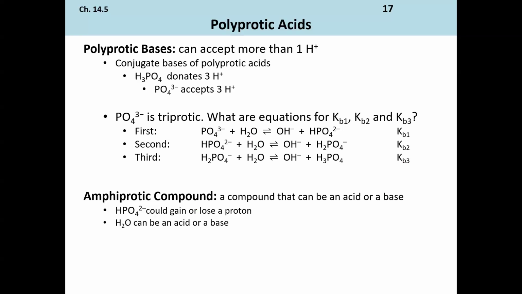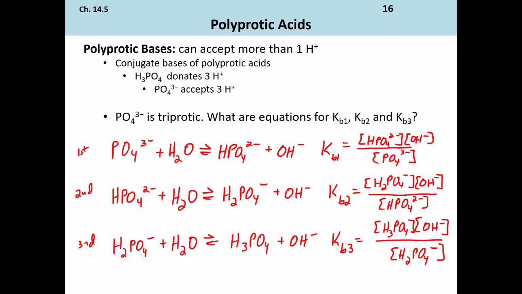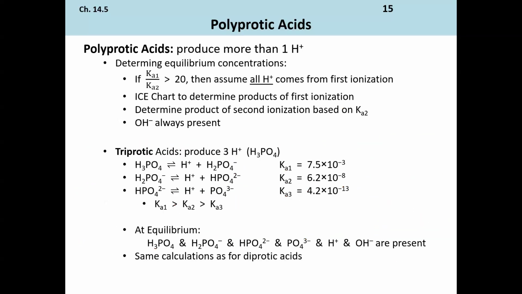Now let's go back and look here. HPO4 2 minus and H2PO4 minus, in these equations, they're acting as bases. Let's go back a few slides. Here, I have H2PO4 minus and HPO4 2 minus, and they're acting as acids.